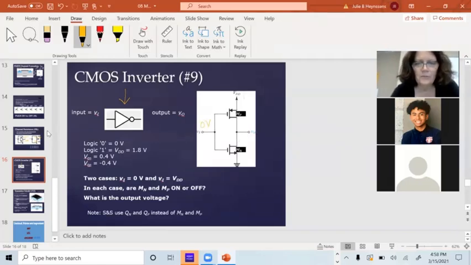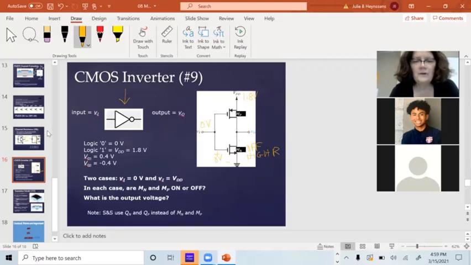VDD is like 1.8, something like that. It'll stay the same. If I have 0 volts on the gate of an NMOS transistor and the source is grounded, my VGS is 0 volts. This one is off. It is a high resistance.